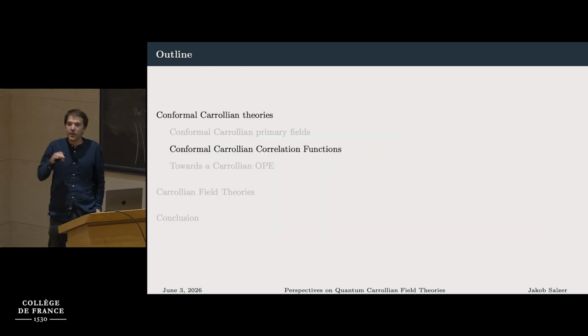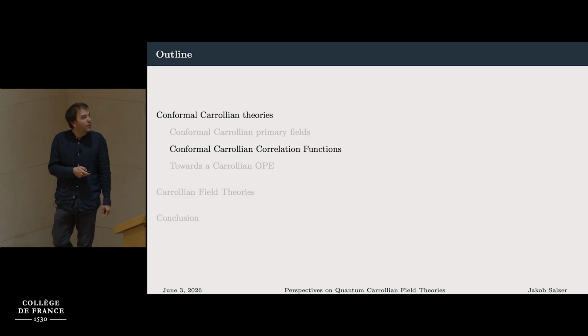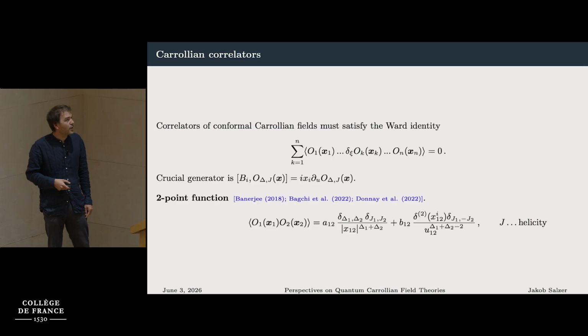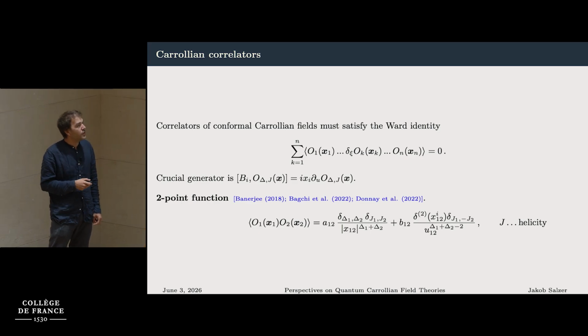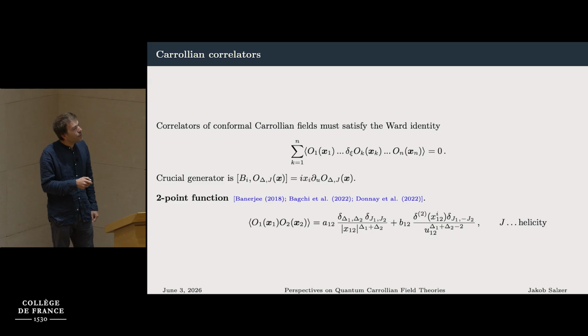Okay, so we defined our basic building blocks of the theory. Now we do the next thing that you might want to do if you learn CFTs, namely you want to compute correlation functions. We assume that we have a Poincare invariant vacuum in this theory. And then we demand that the correlation functions of these primary operators should be invariant under the Poincare group.